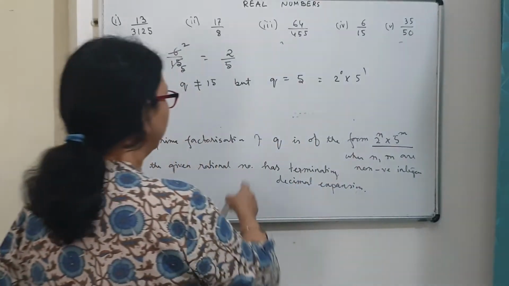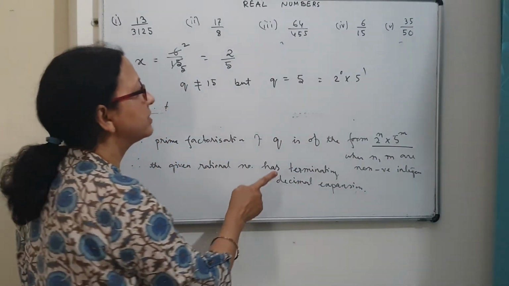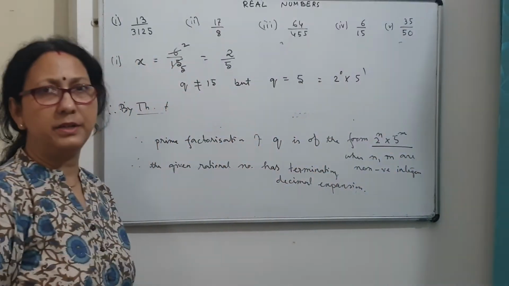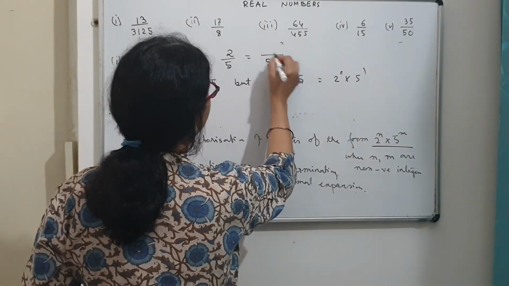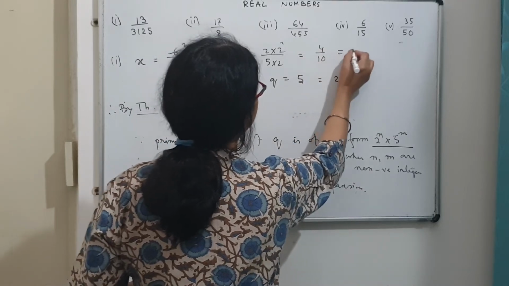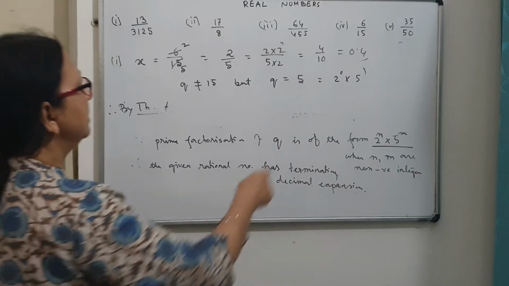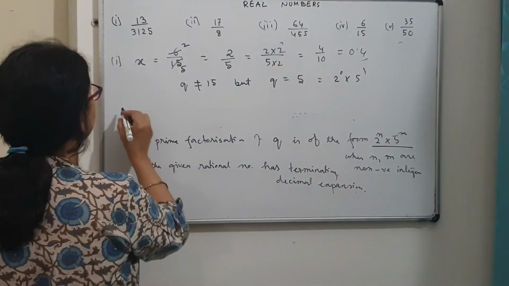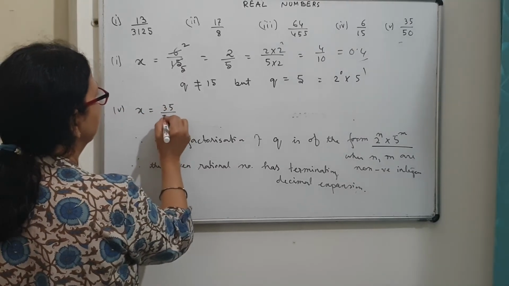So by this theorem, we can say that since q is of this form, it will have a terminating decimal, and it is very easy, no need for division, because 2 by 5, multiplying by 2, is 4 by 10, so it is 0.4. It was easy. Similarly, this one also, the fifth one, x is equal to 35 by 50.